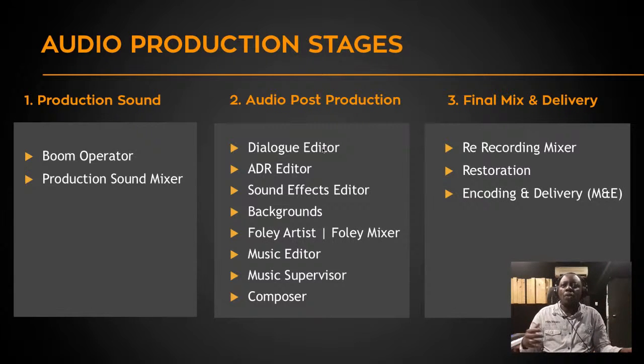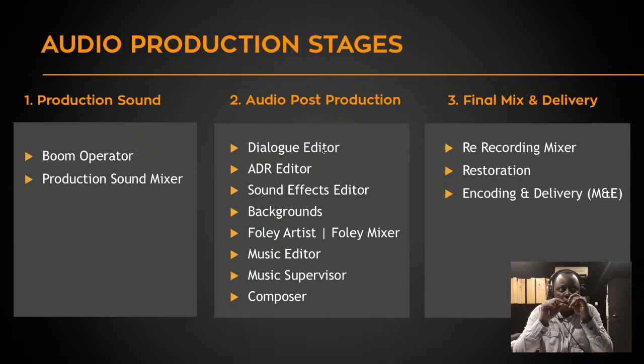The other person that we have is the person that does the encoding and delivery. So they encode the movie to the different immersive formats. For example, Netflix can say we want our content delivered in Dolby Atmos, or we want our content delivered in 5.1, Dolby Digital.